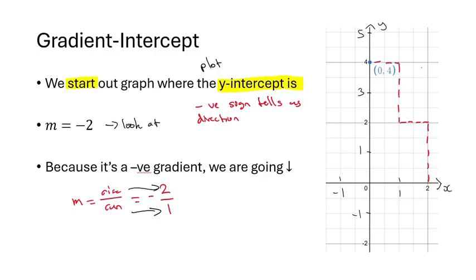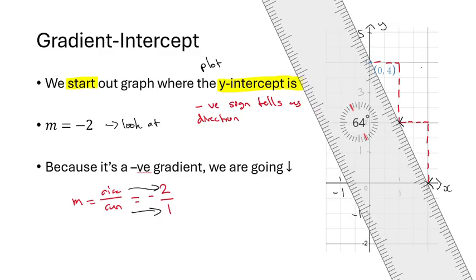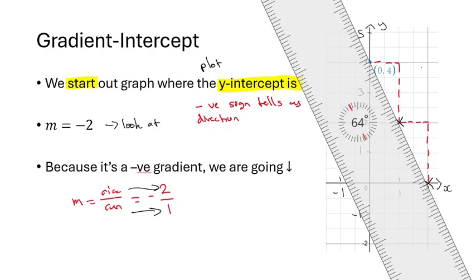The points I'm marking with an X are where the line follows, so you can connect them and draw a straight line, just like that.